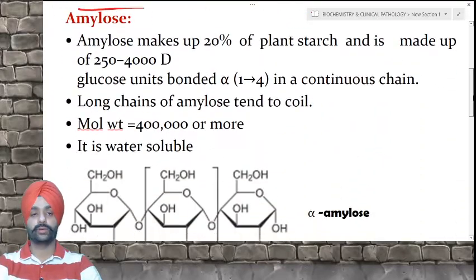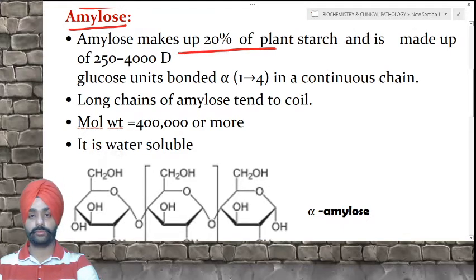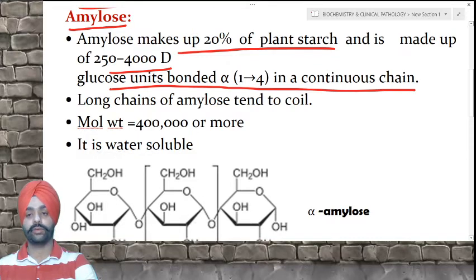So, what is amylose? Amylose makes up to 20% of plant starch and is made up of 250 to 4000 D-glucose units bonded by alpha 1,4 linkage in a continuous chain.